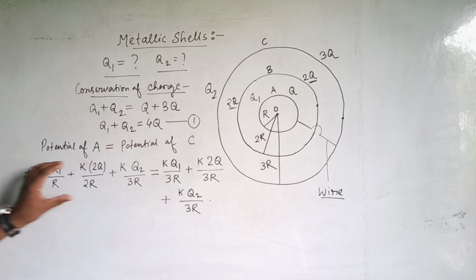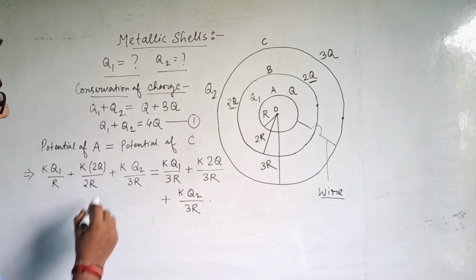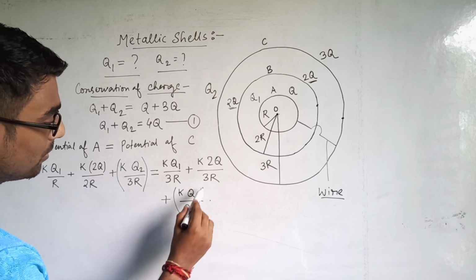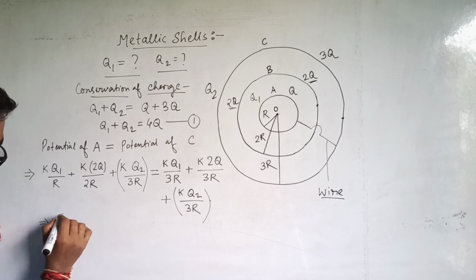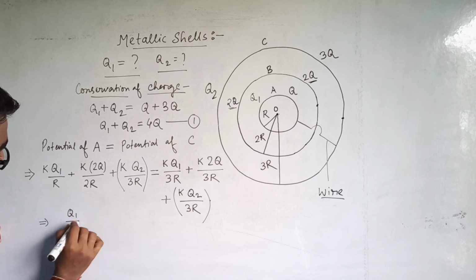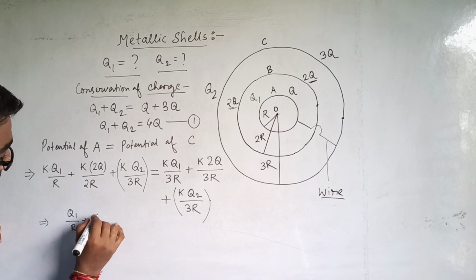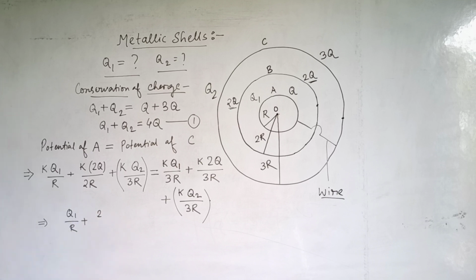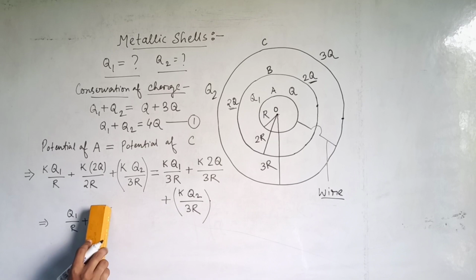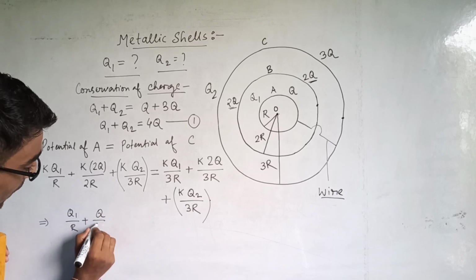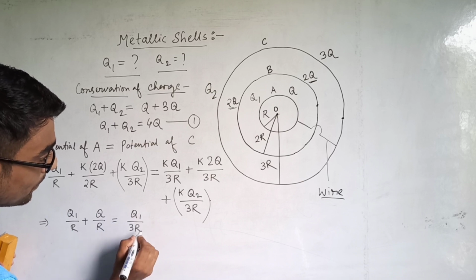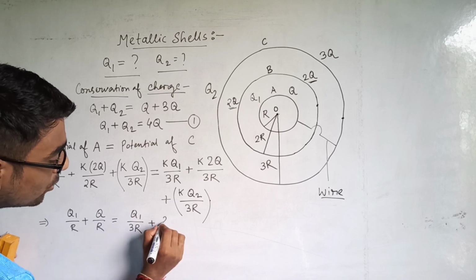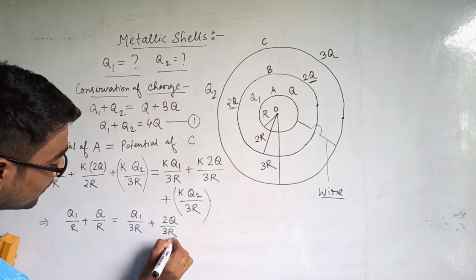I think the equation is clear to you. Now you can see this term will cancel out. Okay, so we can write as a whole Q1 by R plus Q by R equals Q1 by 3R plus 2Q by 3R.